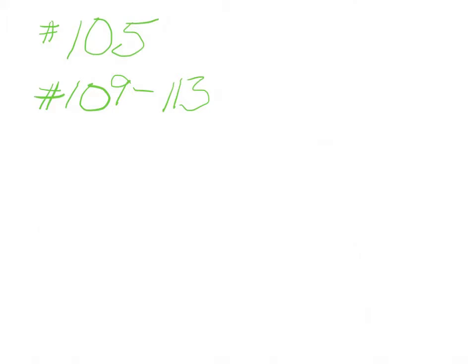Now, just so you know, 109 through 112 are about blood types and about who you can donate to or who you can't donate to. And that's kind of interesting. So this is a chart of that.